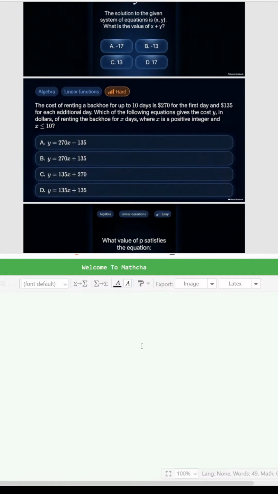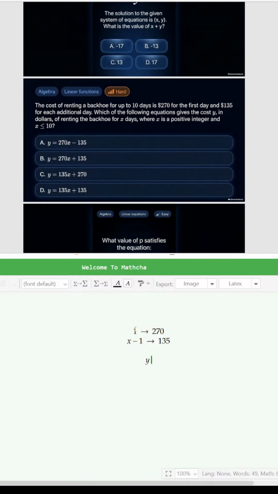So if the renting is done for X days, then we know that for the first day the charges will be 270, and then the remaining days will be X minus 1 days. So for each of those X minus 1 days, we will have the charge as 135.